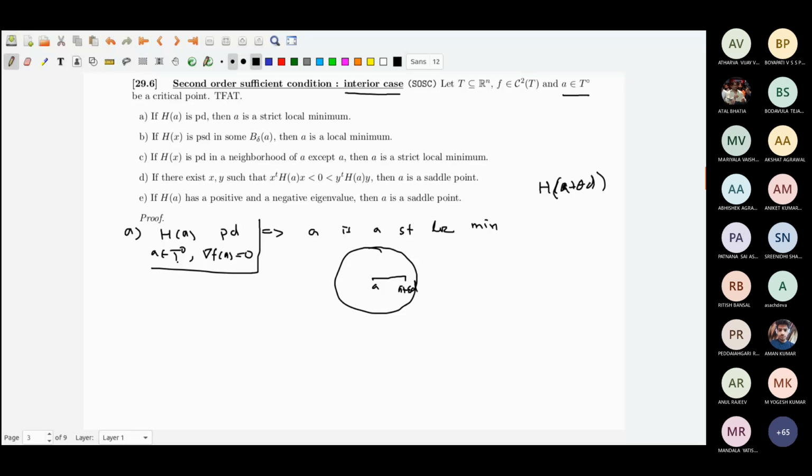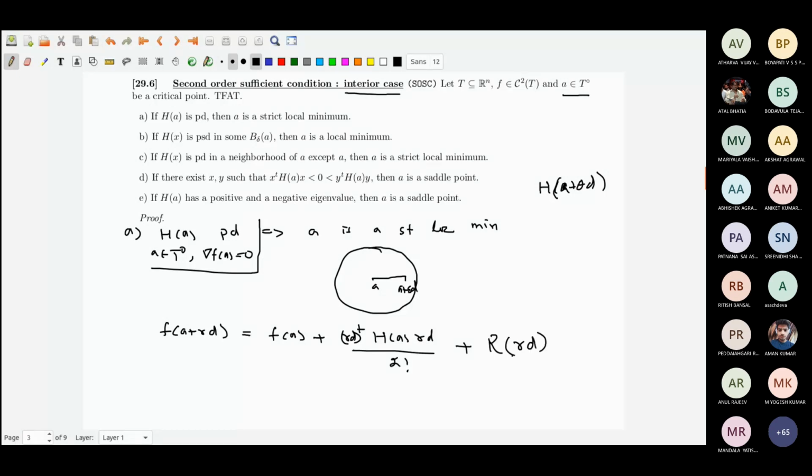Take any RD where R is less than epsilon. So what do you have now? You have F of A plus RD equal to F of A, and because grad F A equals 0, I am not writing the second term. Then RD transpose HA RD by 2 factorial plus the remainder term.